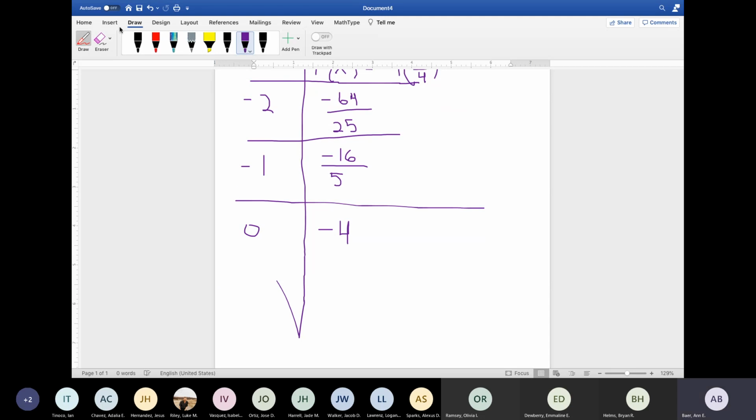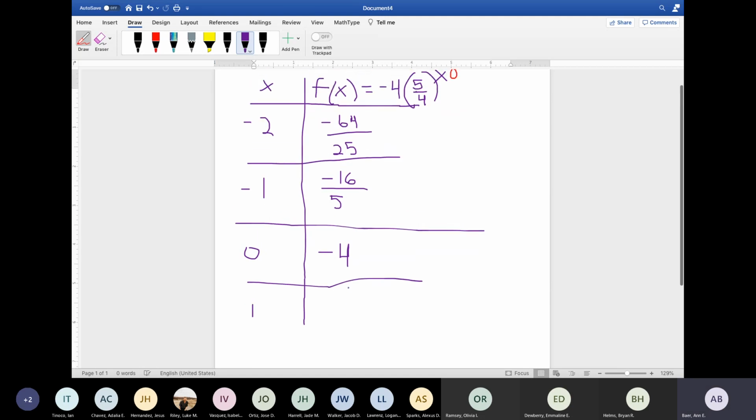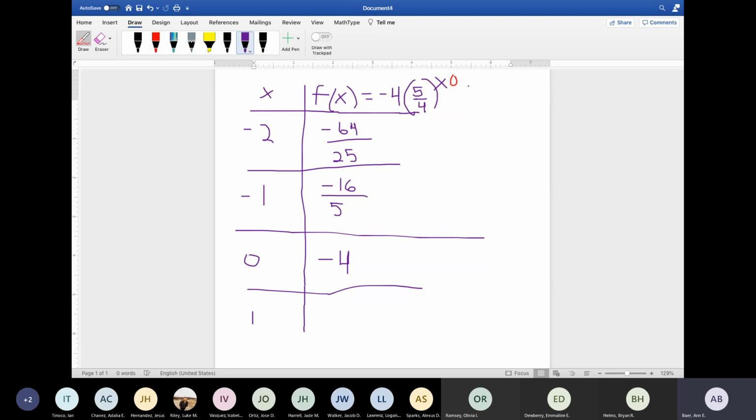Not what I wanted to do. So let me get this erased there. Good. So I was going to draw another line here, and let's look at 1. What happens at 1? Shouldn't be too hard because we're really putting in a 1 for x here.